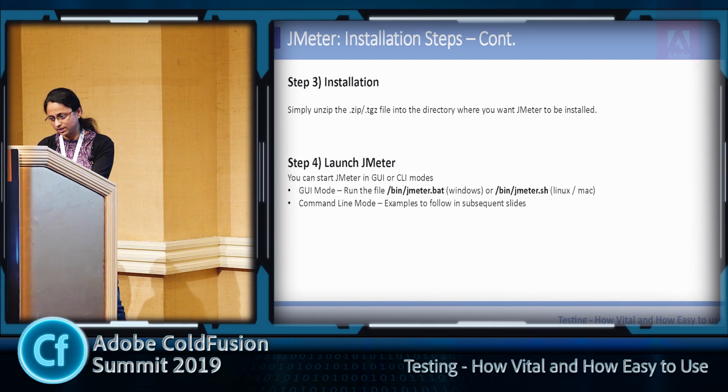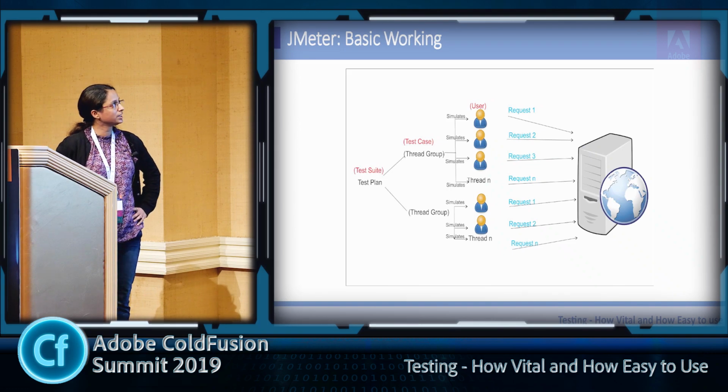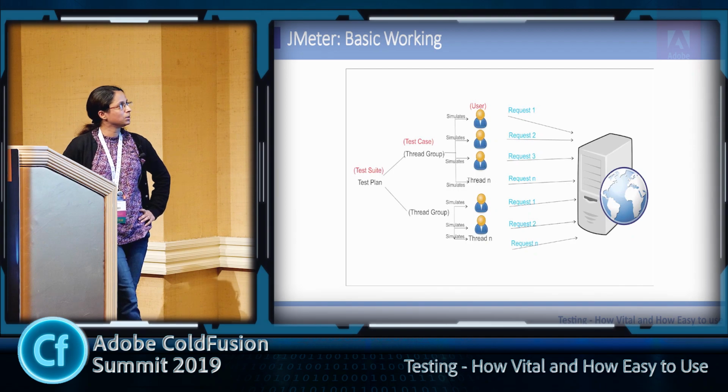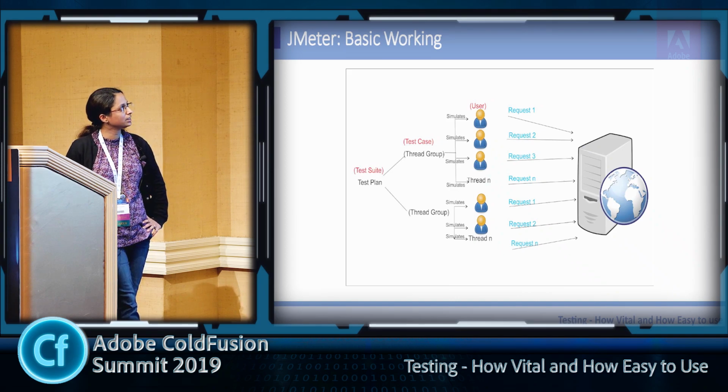Let's look into the examples. The basic working is that you create your test plan and add multiple users, because that's the main thing: you want to simulate the users. Three important things to notice are the number of threads, the ramp-up period, and the loop count. Let's say at my peak load I expect my web page to get 100 users. Then you would say 100.